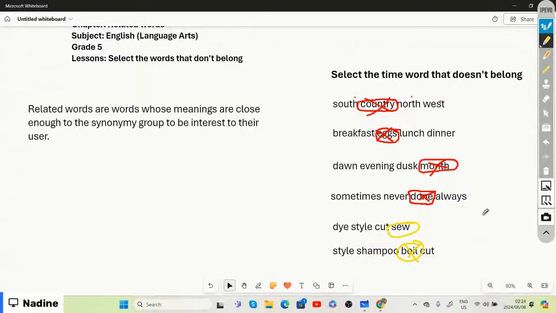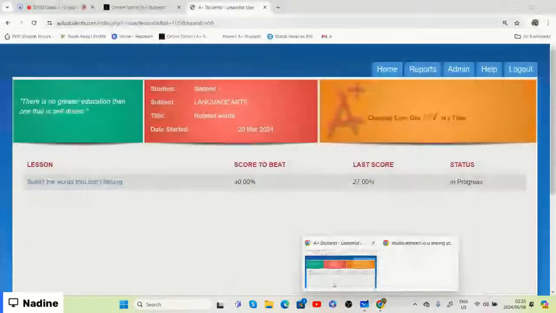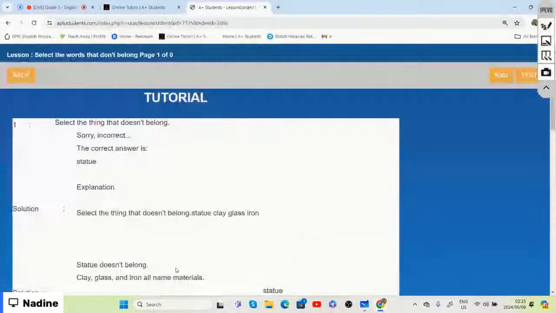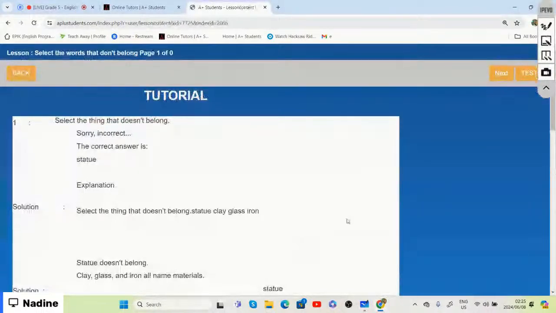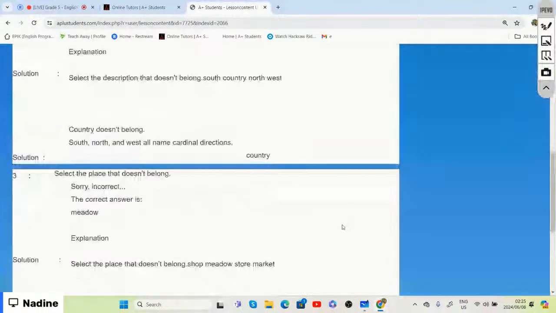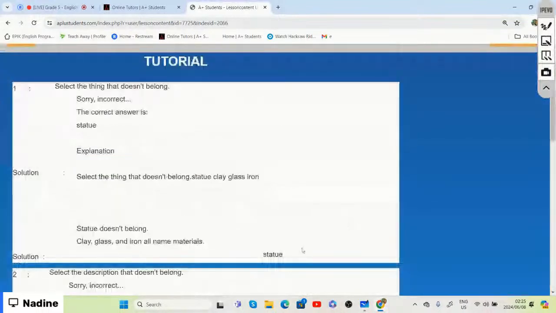All right, so now we're going to A plus students.ca, and we're going to select the words that don't belong. Related words are basically words that are grouped together.